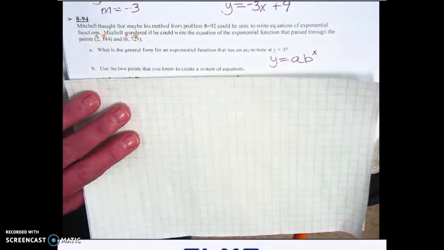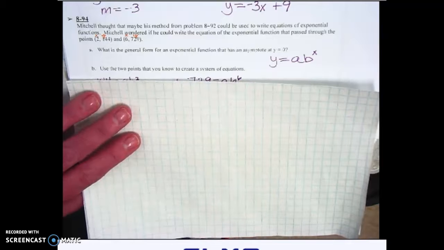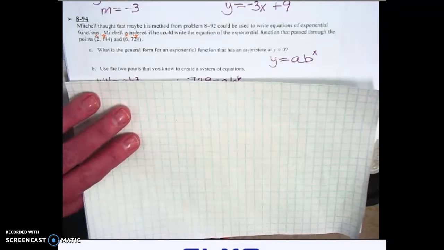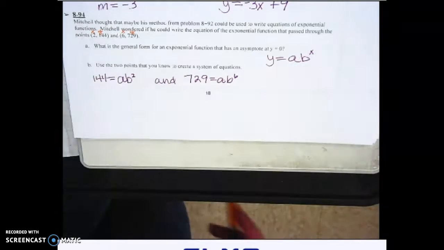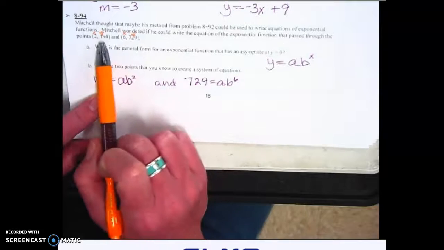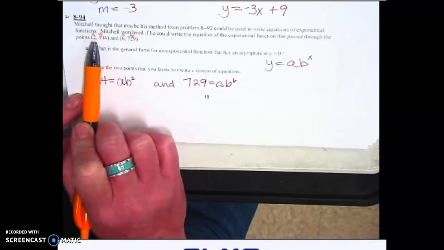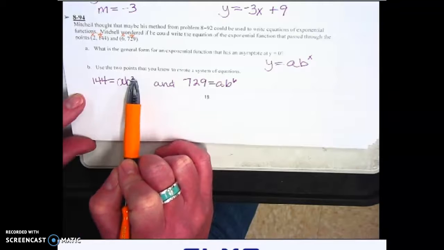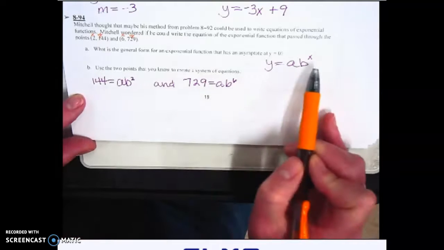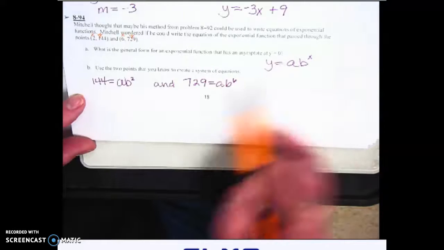So part B says, use the 2 points that you know to create a system of equations. So for the first one, we're going to take the 144, plug it in for Y. We're going to take the 2, plug it in for the exponent right here for X. Okay? I just plugged the 2 numbers in here and here.